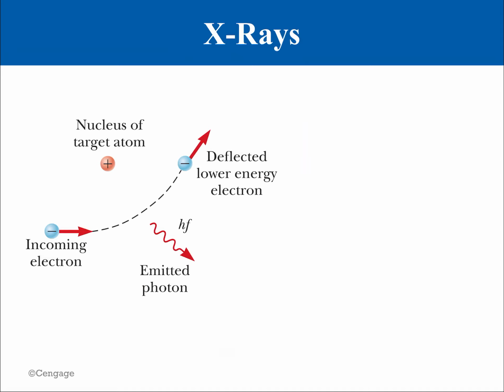The figure here illustrates how X-rays are produced when an electron passes near a charged target nucleus. So how do we get the production of X-rays? As the electron passes close to a positively charged nucleus in the target material, such as that solid piece of tungsten, it is deflected from its path because of the electrical attraction to the nucleus, which means it undergoes an acceleration.